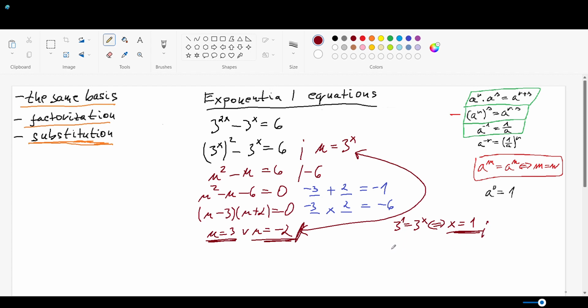The next solution is coming by using u being -2, which means -2 is equal to 3 to the power of x.